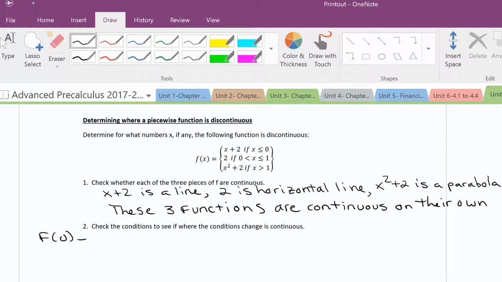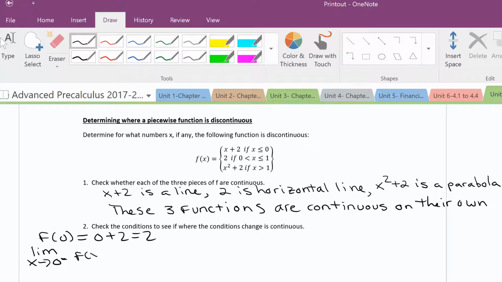So f of 0 is equal to 0 plus 2, which is 2, because you put it in the top there. So f of 0 exists. Now let's try to find the limit as x approaches 0. Now in a piecewise function, we do have to find the limit from the left and the right.